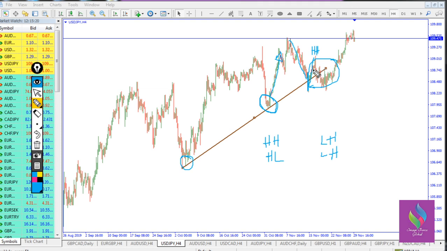Because you want price to keep pushing up. But something happened right here. This is where we have to be very, very careful. This is where the trend line seems not to be valid anymore. The trend line right here seems not to be valid because each time it gets to this region, the trend line is not respected again.